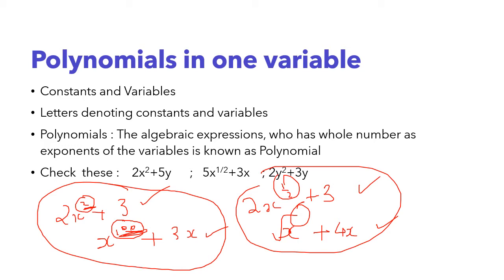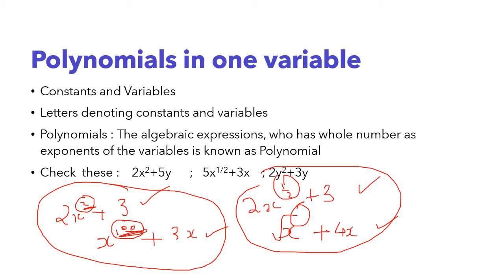I hope you understood the theory behind it, what a polynomial is. We have already discussed what constants are and what variables are. In a polynomial, it should first of all be an algebraic expression, and all the variables should be raised to a whole number as a power.